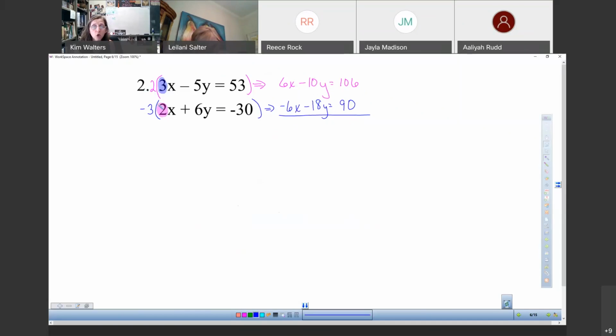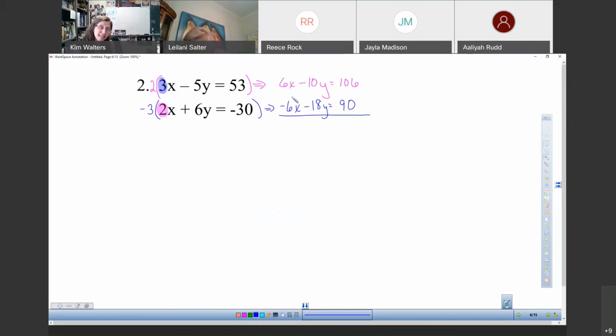So again, I'm multiplying that negative 3 times all of my terms. If I'd accidentally used a positive on both and tried adding them together, I wouldn't eliminate a variable. And the whole point, the reason this is called elimination, is that I want to eliminate a variable. So now I'm going to go about solving this.